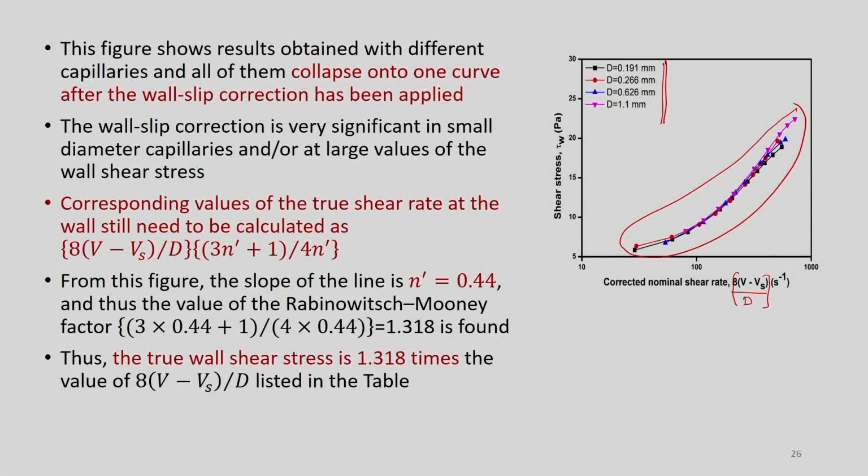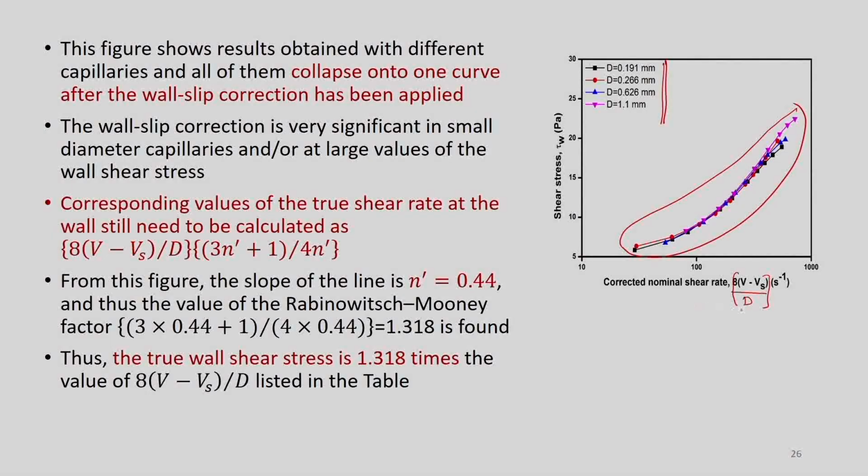So now you do not have any ambiguity about which diameter of the capillary should be taken, because after incorporating the slip velocity, all of them are superimposing onto the same curve. So you can select any of these capillary diameters as reliable information.